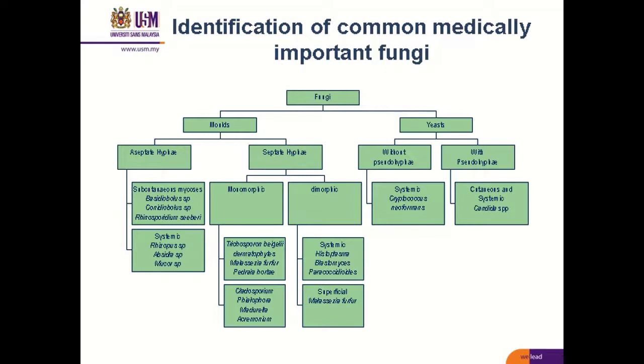Dimorphic molds include the systemic causes histoplasma, blastomyces, and paracoccidioides, and superficial infection includes Malassezia furfur.